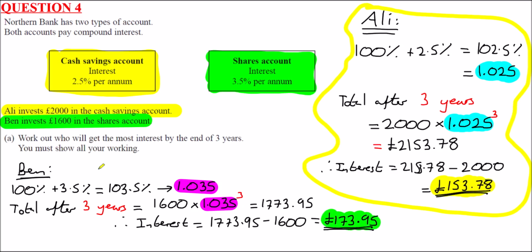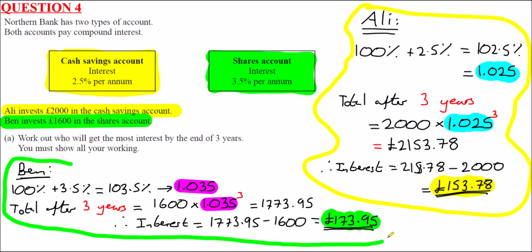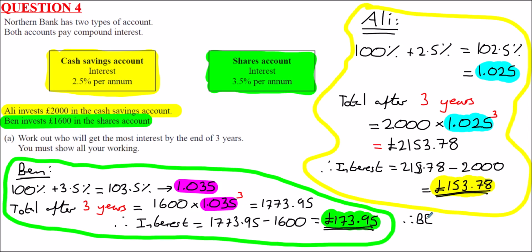So now it's just a case of comparing one against the other. So hopefully you can fairly clearly see that Ben's interest is greater. So who will get the most interest? Therefore, Ben will get the most interest.